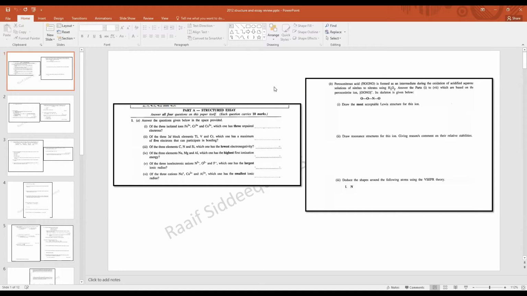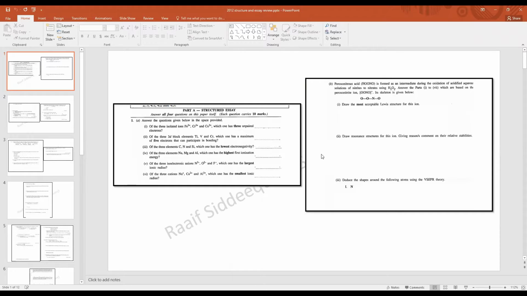So, what do you think about this structure that is given? Okay. I will not spend much more time. Now, remember this is not HNO3.